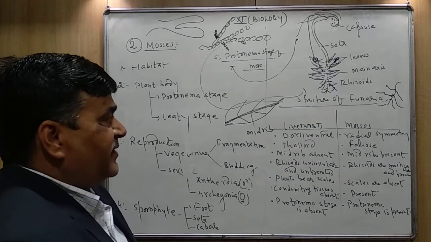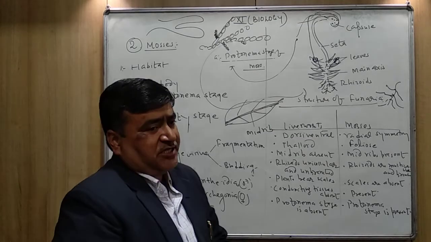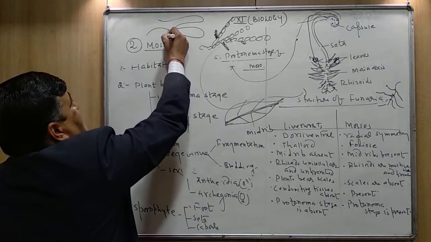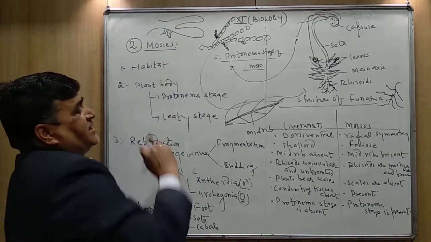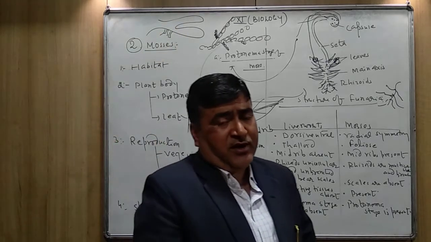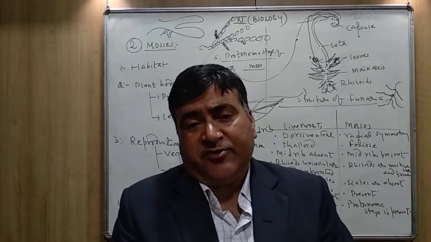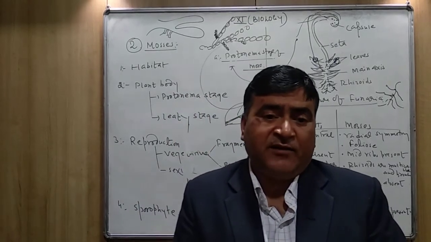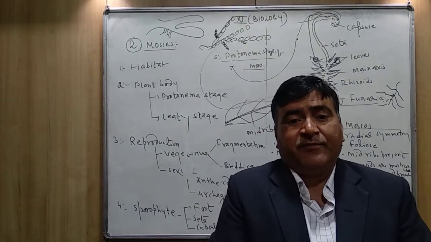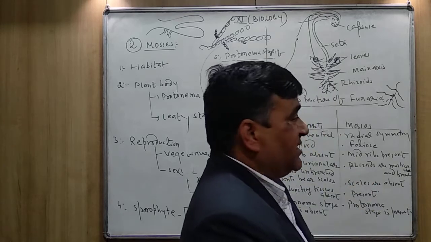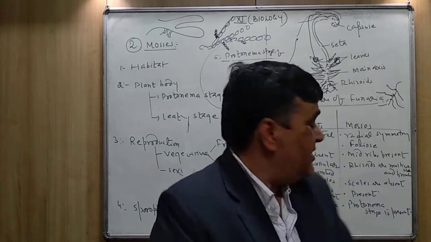The rhizoids are unicellular and unbranched. Here also rhizoids are present, which are root-like in structure, and each rhizoid is unicellular in nature, made up of a single cell. But in mosses the rhizoids are multicellular.